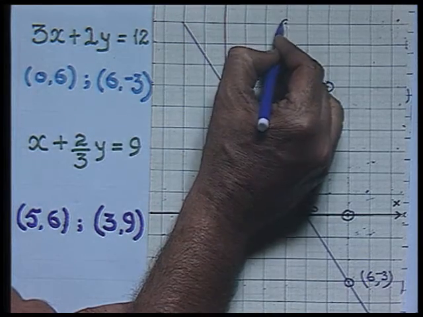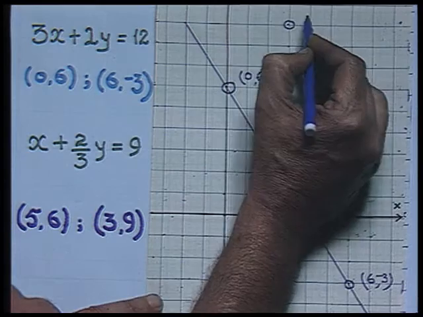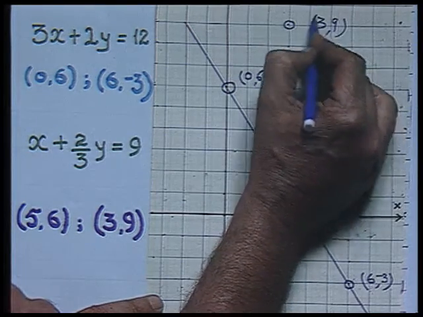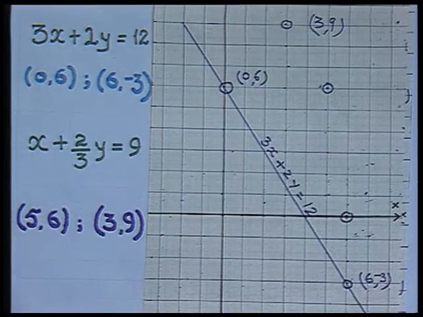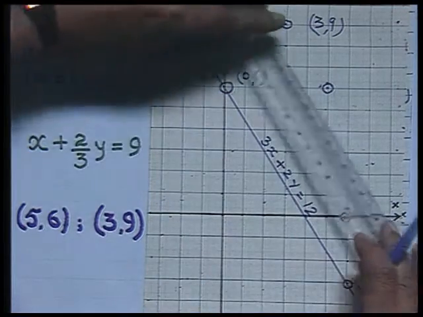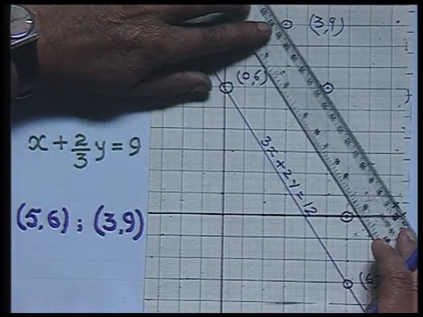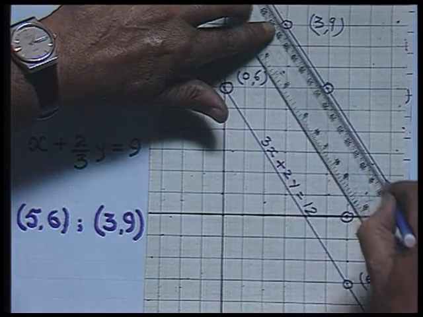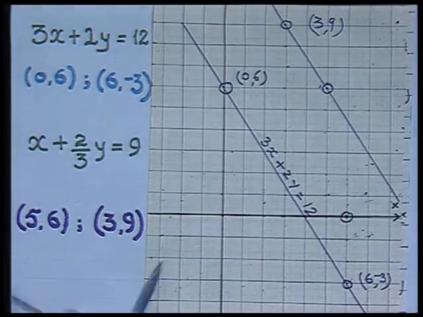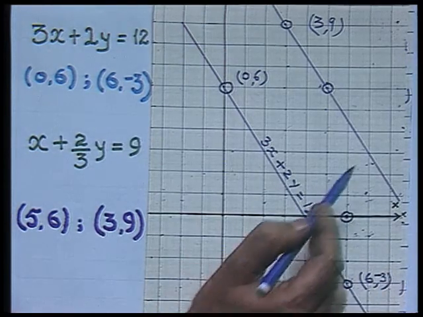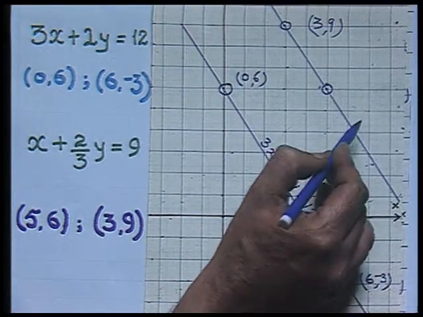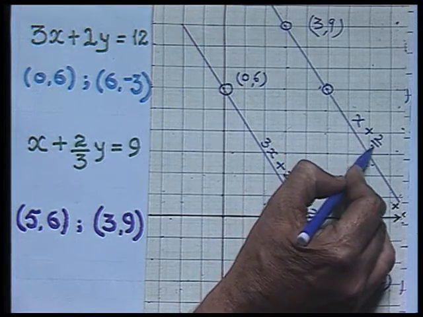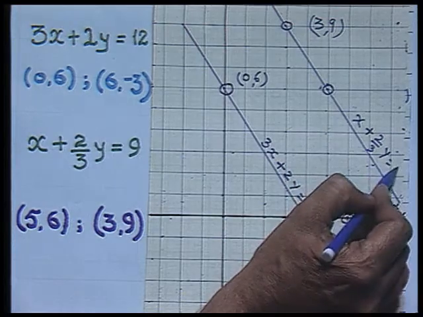So this point is (3, 9). Again joining these 2 points, this line is x plus 2 by 3 y equals 9.